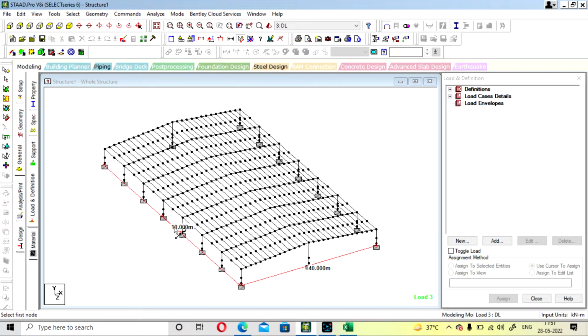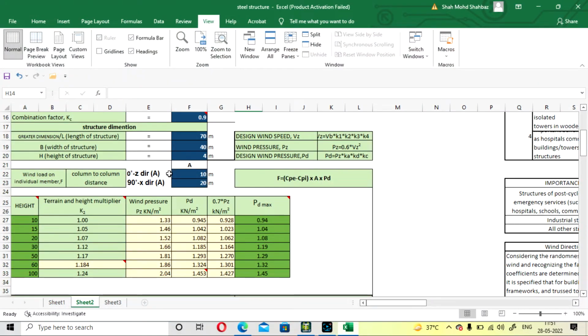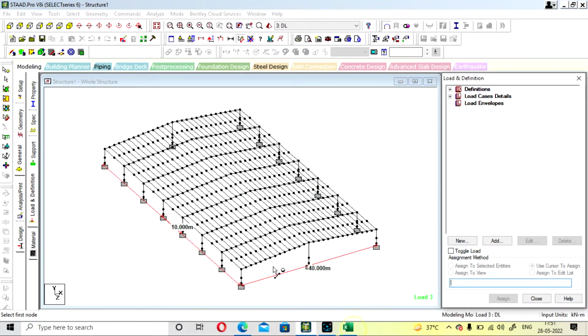I have already shown you. Sorry, 10 meter. So you have to provide the column to column distance in 0 degree as 10 meter, and for 90 degree, 20. Why am I calculating for this? Because this is 0, 90, 180, 270, as per the direction. This is the shape, so this will be 0, 90, 180 and 270.